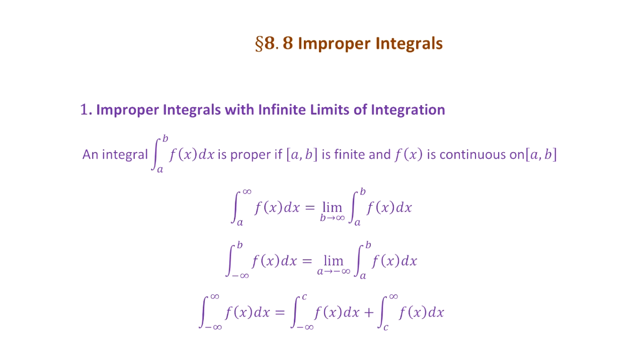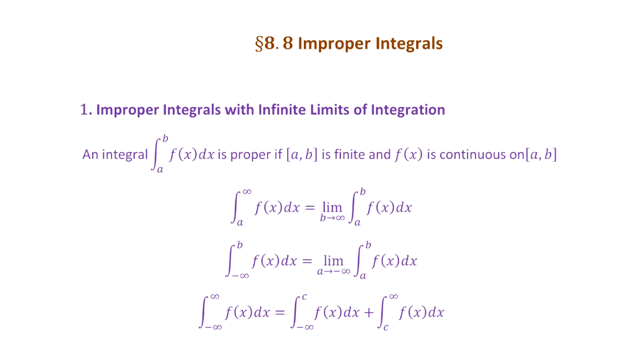All right, but there are some cases when the area you try to find under the curve extends to the far right or far left, or on the whole horizontal axis.